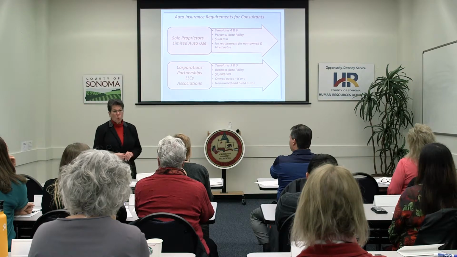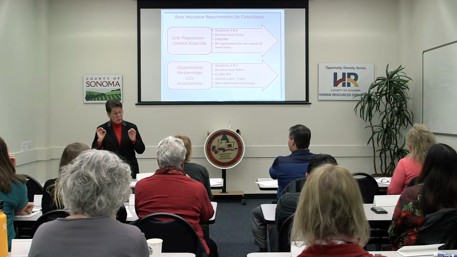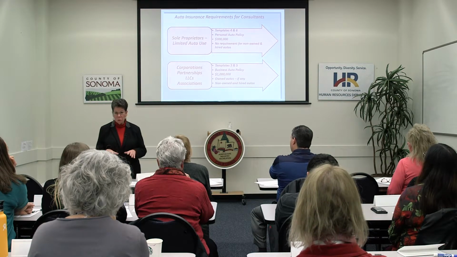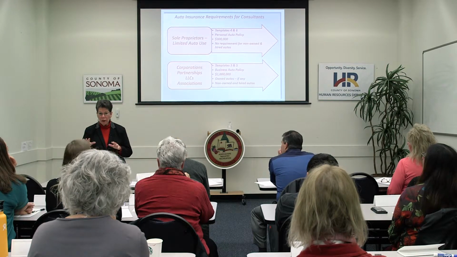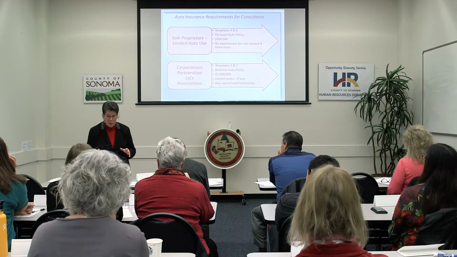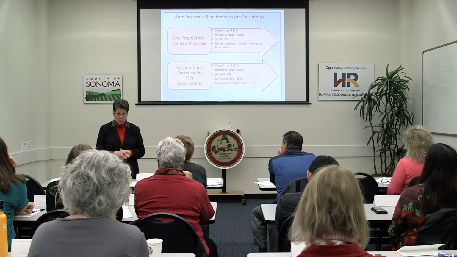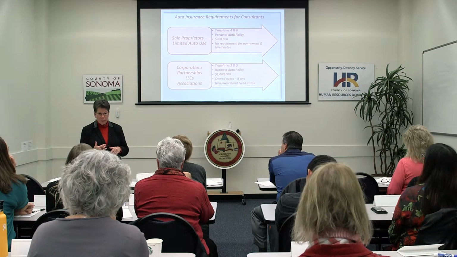And the other thing is the limits. Now, our base limit, unless there's high auto exposure, is $1 million per accident. But the average personal auto policy, about as high as you can go, is $500,000, and a whole lot of people don't have any more than $300,000, and some have less than that. So for consulting contracts where you're dealing with a sole proprietor consultant who does not have heavy auto exposure, we give you a different template.